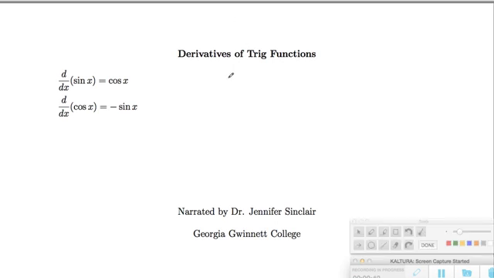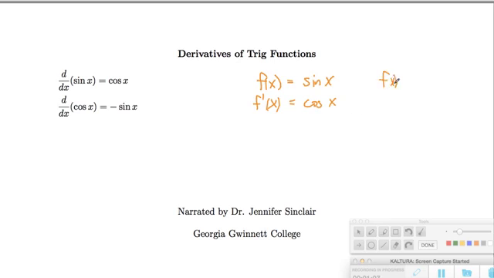You can also write this with the function notation as well. So if your function is sine of x, remember the notation for the derivative, if you've got a function, is the prime. So f and f prime is the derivative. Derivative of sine of x is cosine of x.